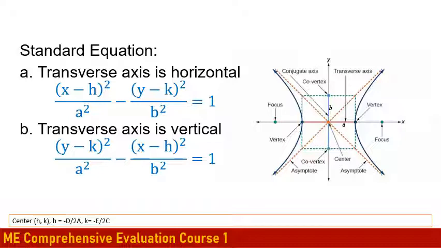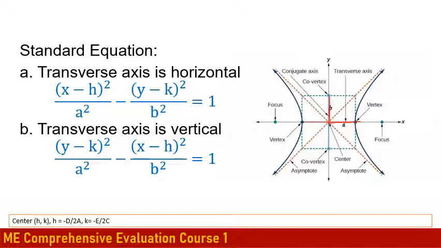So the value of A here is this portion that you can see here. It's the A in this formula. The B is the conjugate, this axis here that you can see. That's the conjugate axis, and we also have the transverse axis. So A is passing through the transverse axis, and B is passing through the conjugate axis.